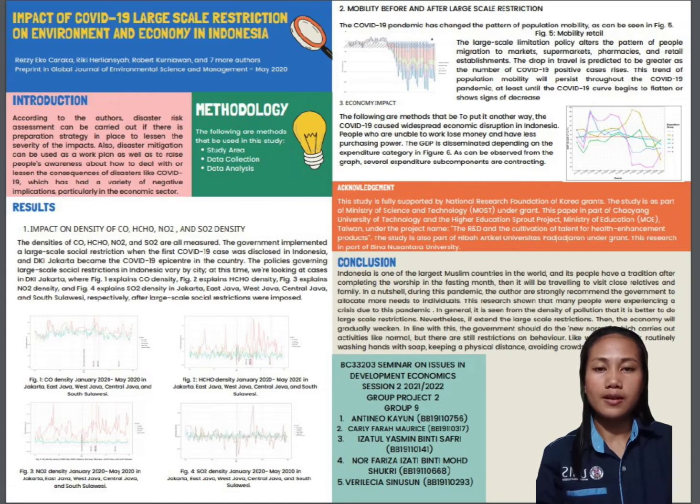The drop in travel is predicted to be greater as the number of COVID-19 positive cases rises. This trend of population mobility will persist throughout the COVID-19 pandemic, at least until the COVID-19 curve begins to flatten.